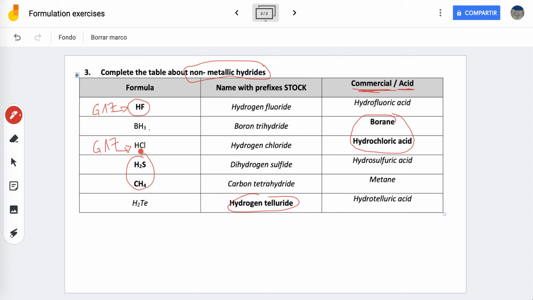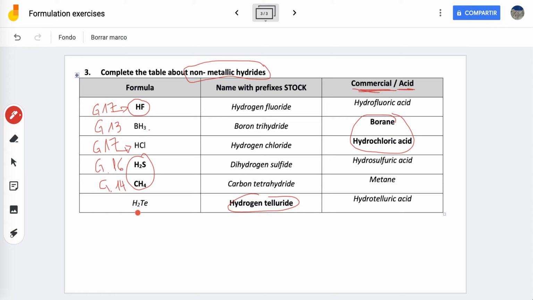The rest of them will be group 16. In this case we have boron, that is group 13. We have sulfur, that is group 16. We have carbon, that is group 14.